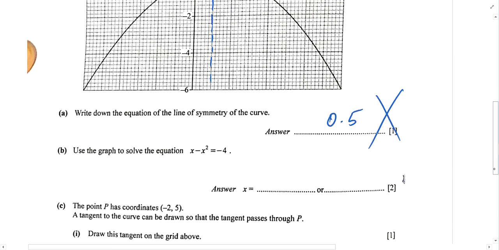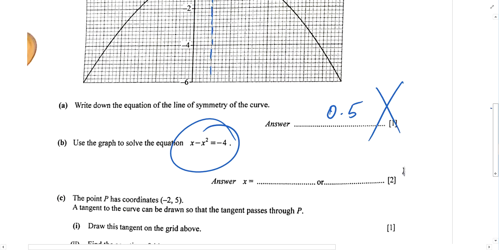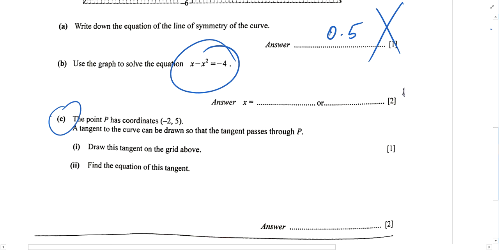Use your graph to solve the equation x minus x squared equals -4. Who needs help for this? Anybody? Nobody needs help? Okay. Part C. Who needs help for this? Anybody? None. So which part do you need help with?